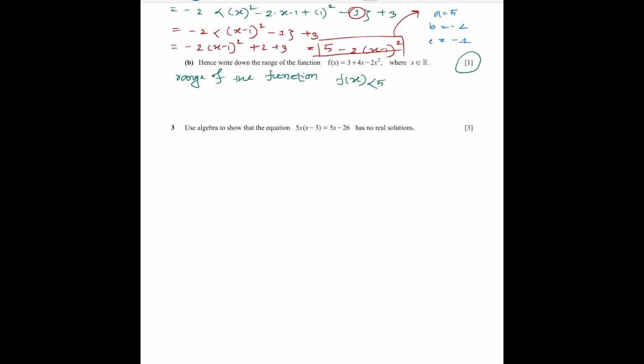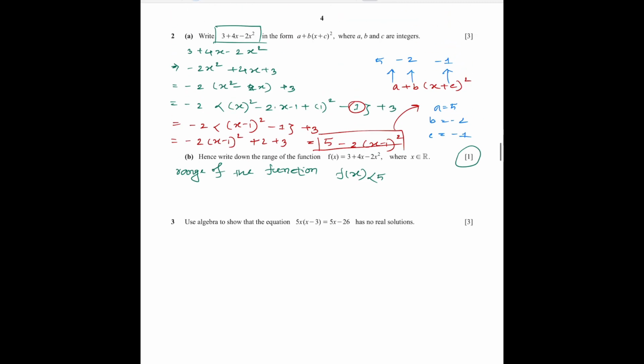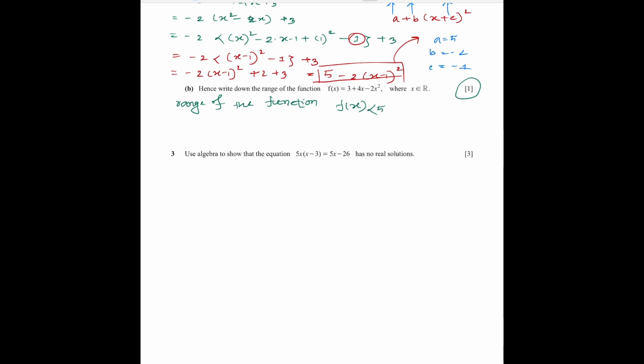Use algebra to show that the equation 5x times (x minus 3) equals 5x minus 26 has no real solution. Okay, it's a topic from polynomials, or quadratic equations. We have to find the discriminant and show that it is less than 0.